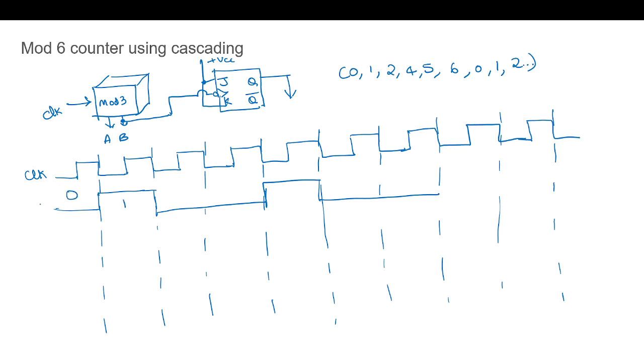So A and B we will obtain from the mod 3 counter. This was 0 0 1. Again, 2 zeros, 1, 0.